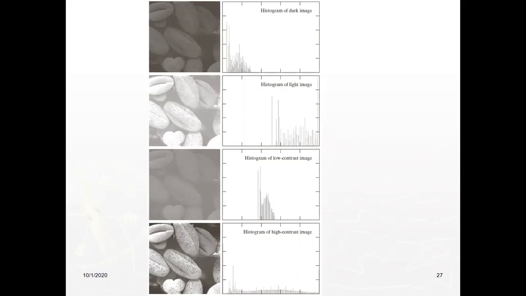So the better contrast image is this, compared to all of these. We would like to have a better contrast image so that it is better visible to the human eye. At the end, our job is, if you have these images, we should try to bring them to this level.